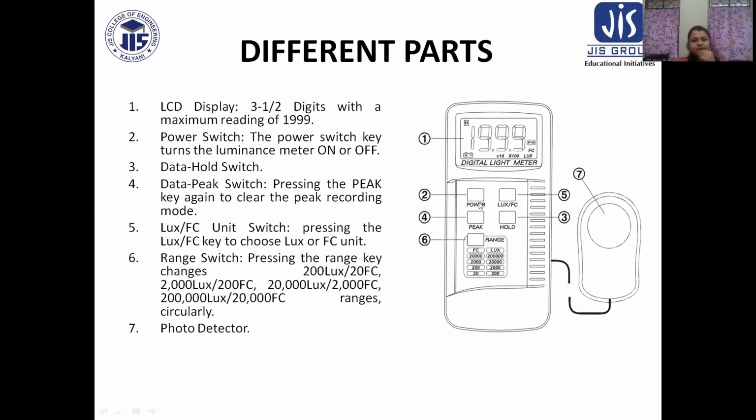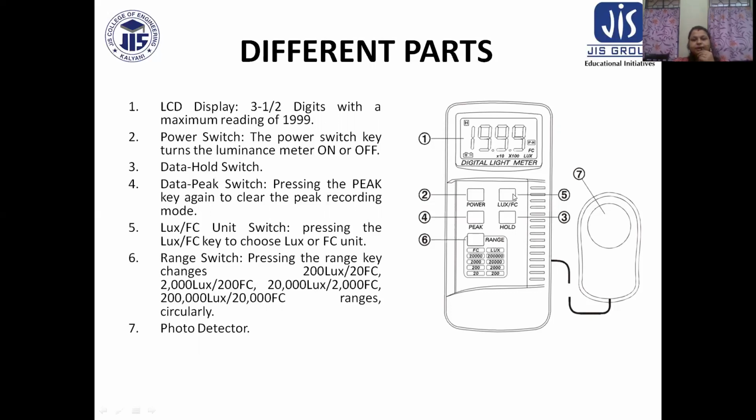The power switch key turns the luminance meter on or off. So after pressing power on, we get the result here. Next, number 3 is the data hold switch. Number 4 is the data peak switch. Press the peak key again to clear the peak recording mode.